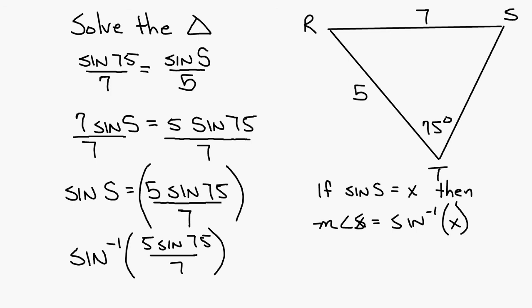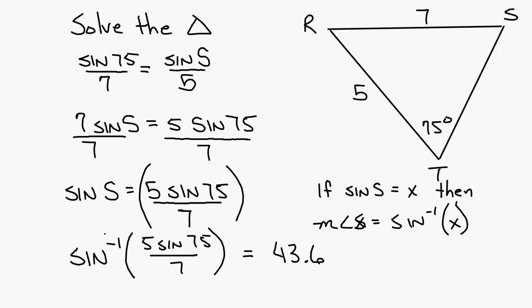So you can save yourself a bunch of time right here by not doing any calculations yet and just resetting your formula. So now you can type 5 times sine 75, divide it by 7 and hit equals, and then push second sine and equals.